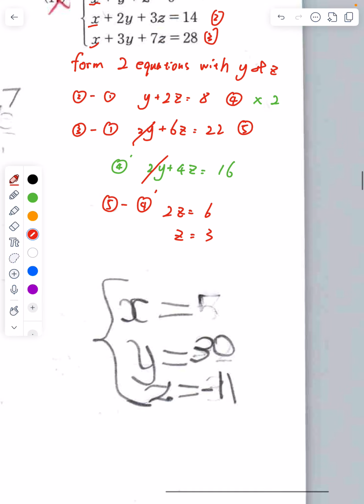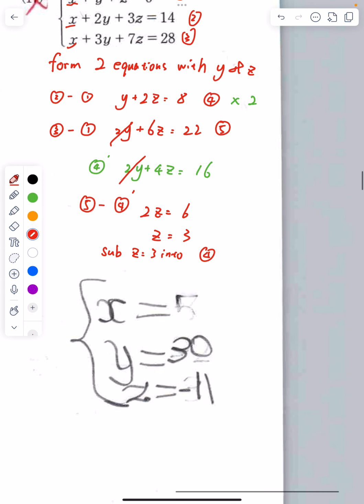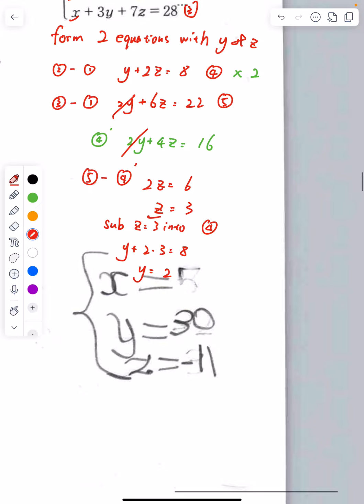Once I get z equal to 3, I can substitute z equal to 3 into equation number 4. If I substitute z equal to 3 into equation number 4, I should be getting y plus 2 times 3 equal to 8. So y is equal to 2. So now I get my z, I get my y, I just need my x.